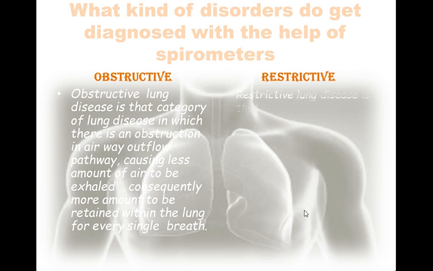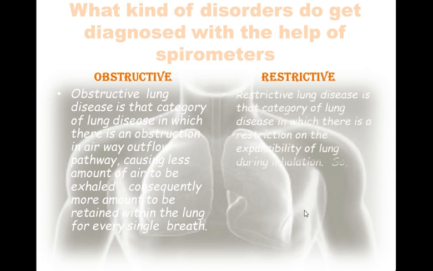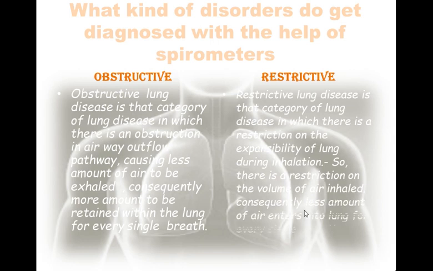Coming now to the restrictive lung disorders, in which there is a restriction on the expansibility of the lung during inhalation. So this is the point to be noted: restriction on the expansibility of the lung during inhalation. That means a person will have difficulty to breathe in.